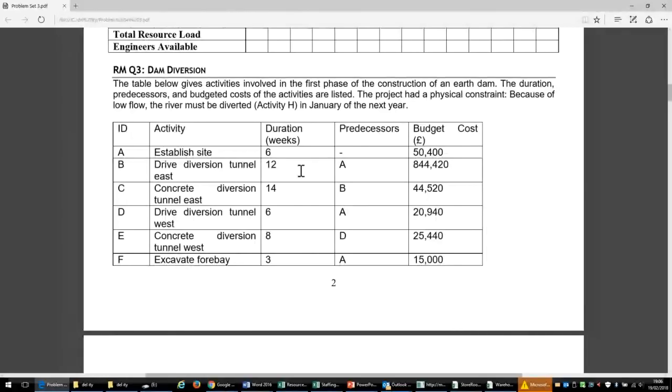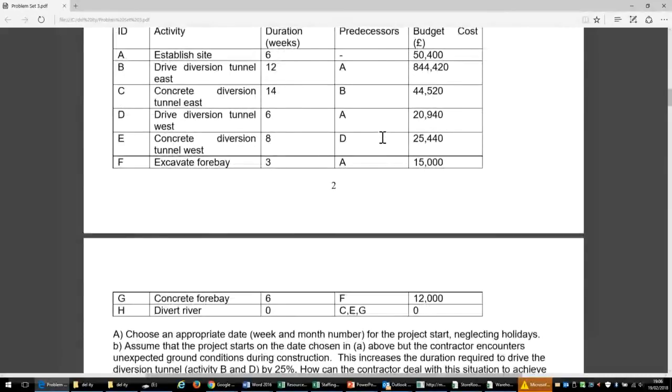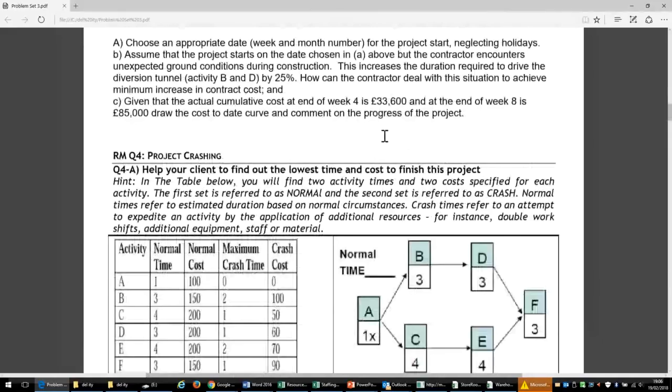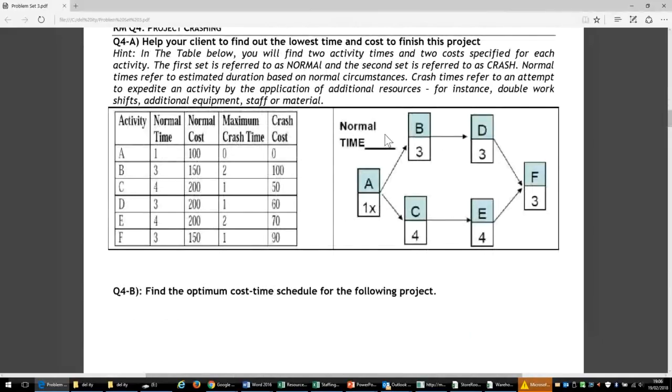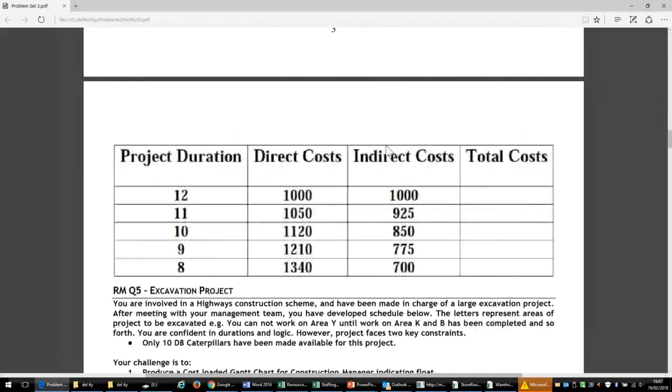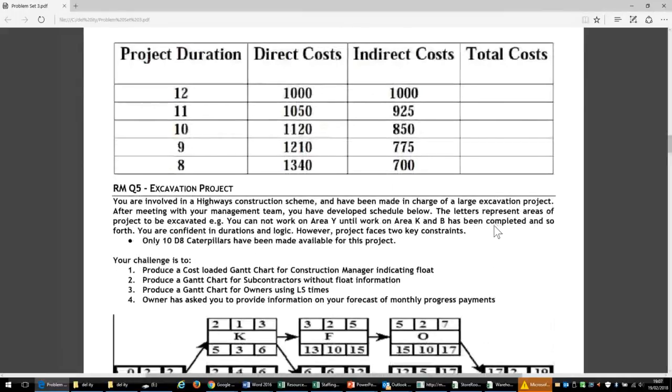Question three talked about how we could effectively plan backward from the key milestone dates. In question four, we experimented with crashing of the project, so how we could reduce the overall project duration and identify the optimal time quality curve.